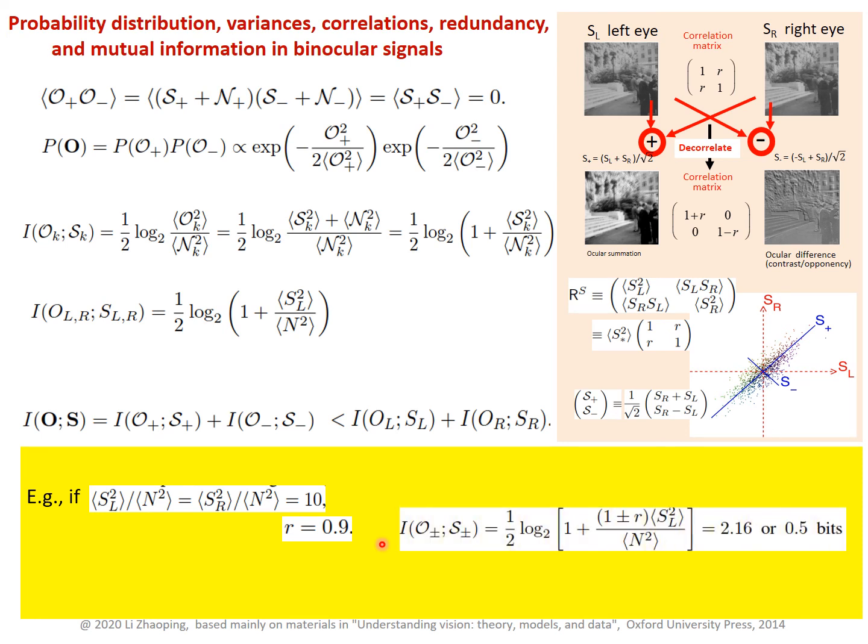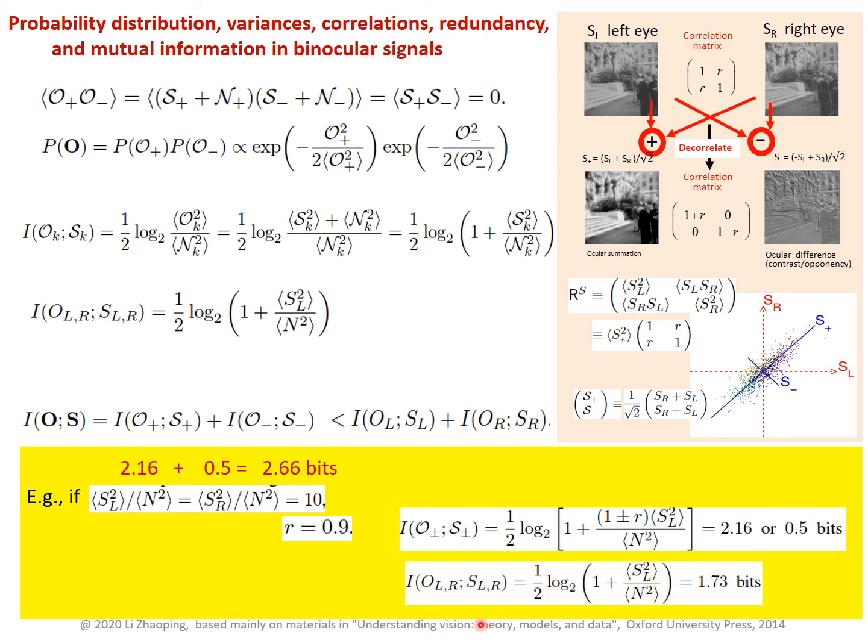Then we can just plug in to calculate this, O plus S plus or O minus S minus for each of these terms, using these values. And then we find it's 2.16 bits for the plus summation channel and 0.5 bits for the difference channel. And you put these together, 2.16 and 0.5 added together is 2.66 bits.